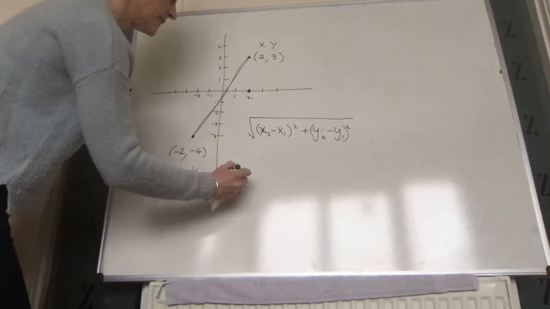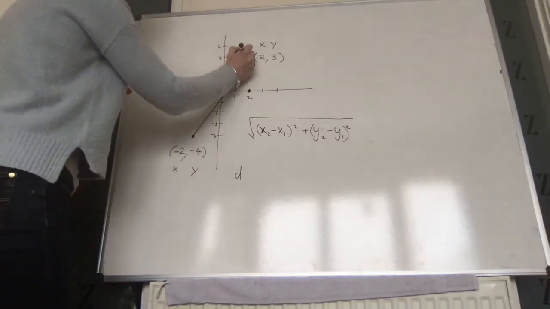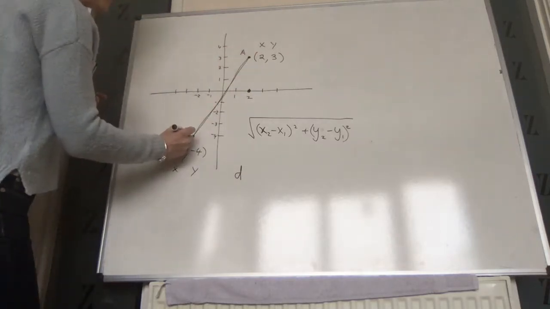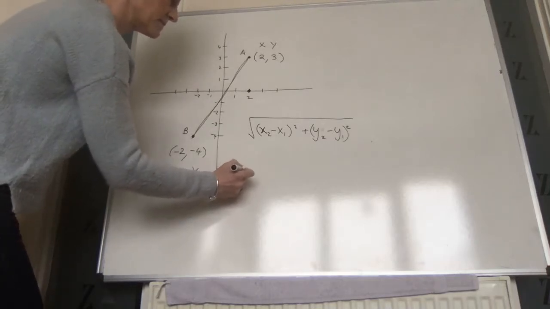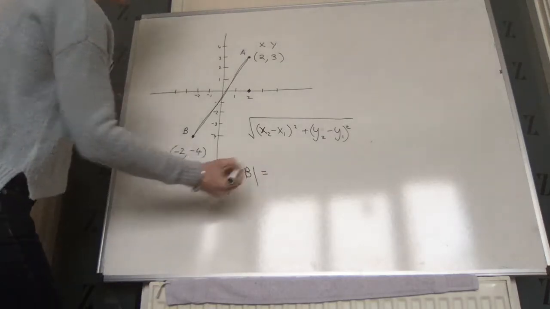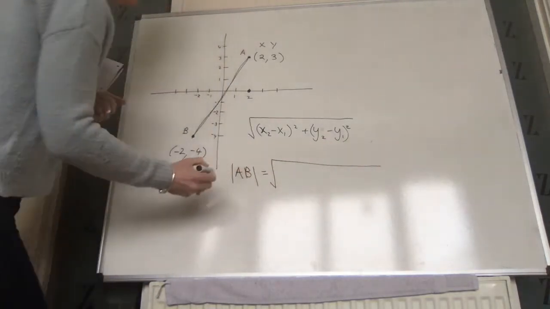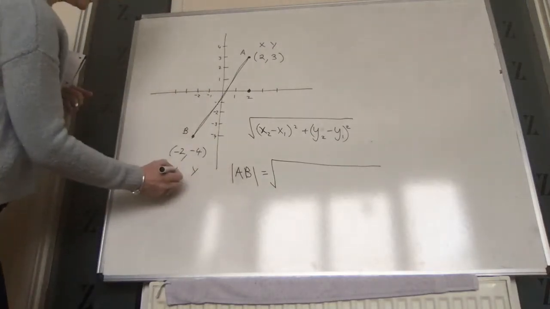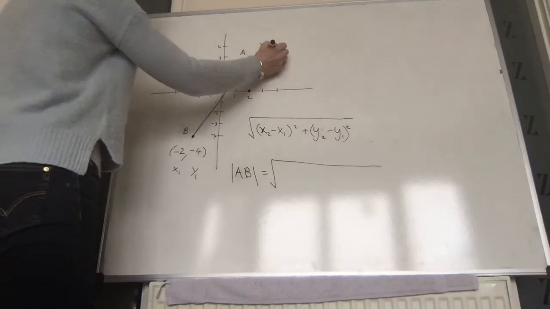In this case, if we label them, if that's the point A and that's the point B, in maths, a nice short way of saying the distance between A and B is |AB|. The distance between A and B is the square root of x2, so let's call them x1, y1 and x2, y2.